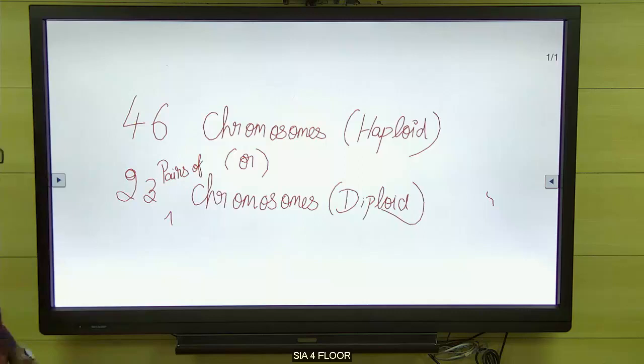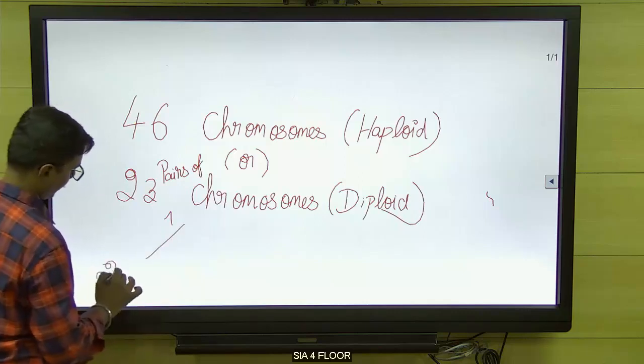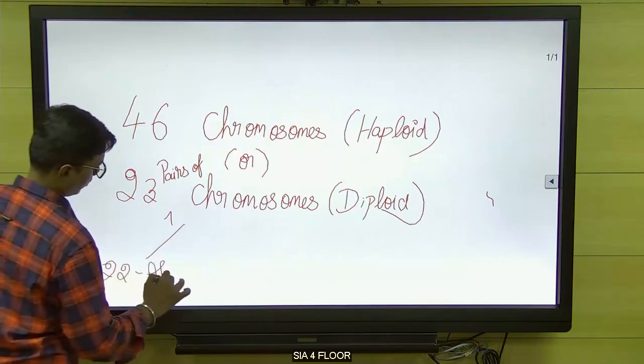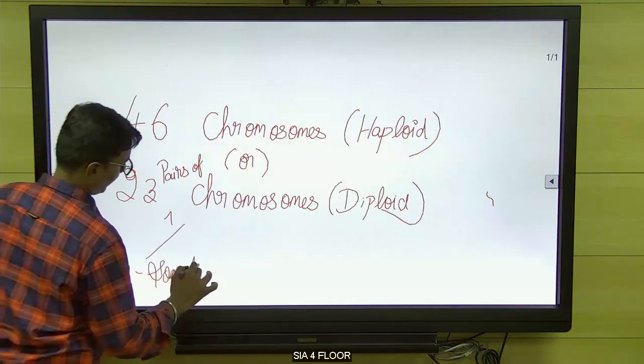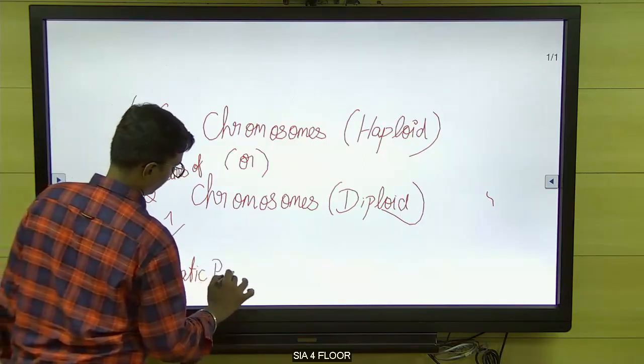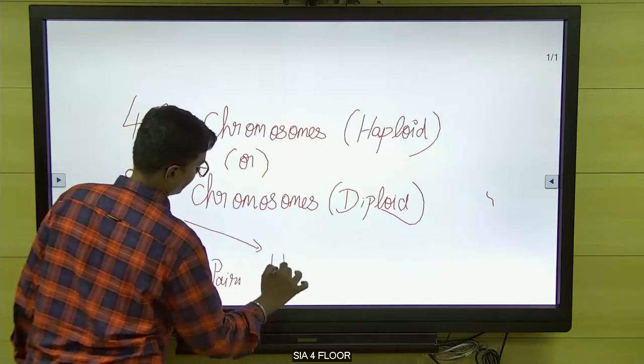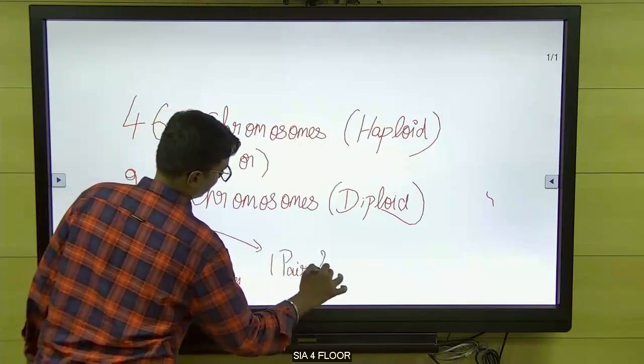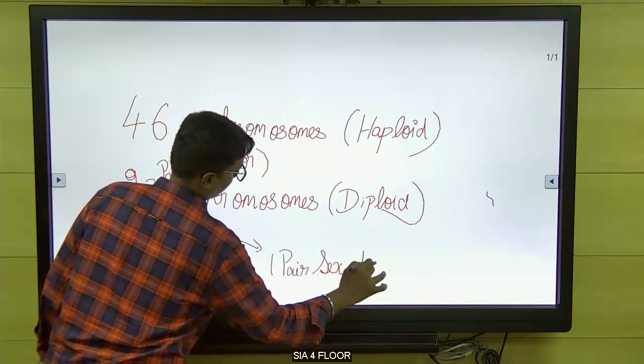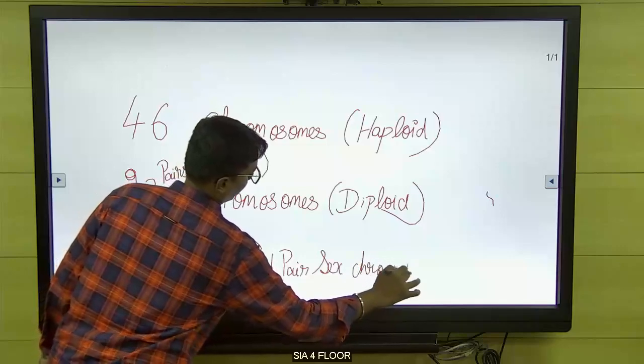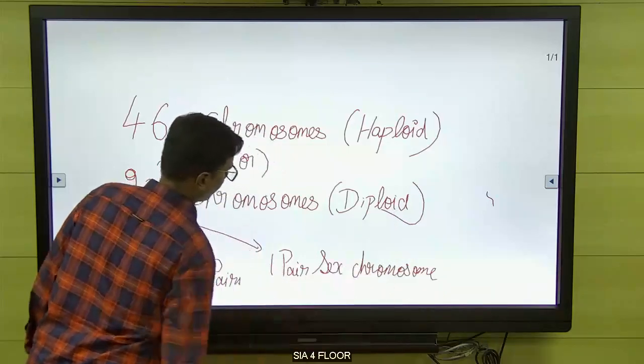So right now we are going to divide it into 2, that is 22 pairs of somatic chromosomes, somatic means body cells, and 1 pair of sex chromosomes. Why are we talking about chromosomes now?